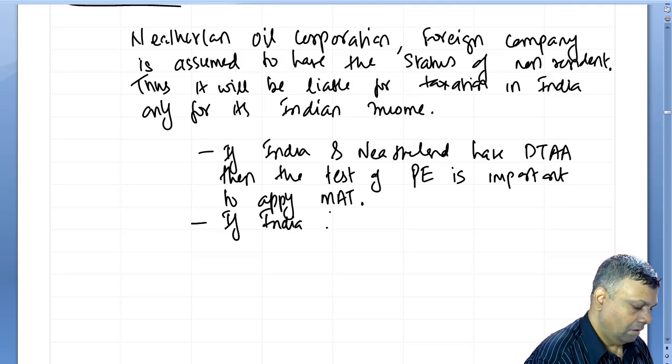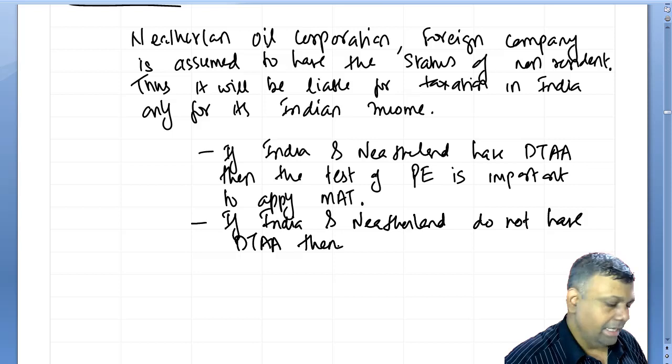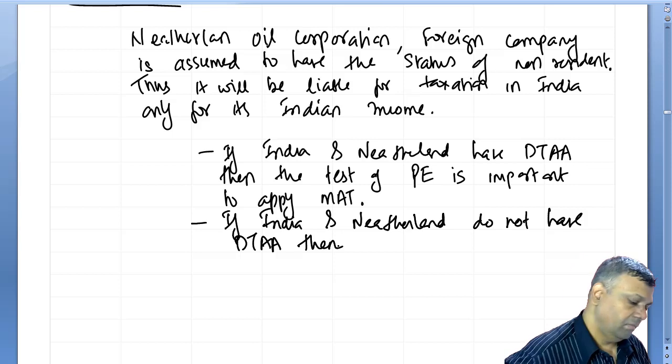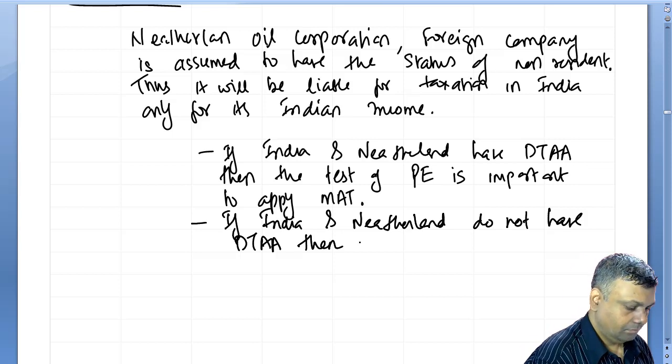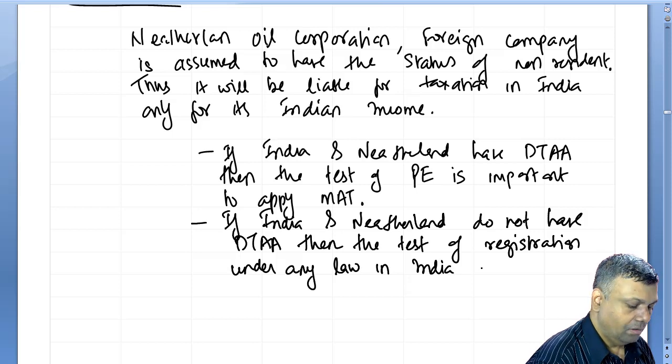If India and Netherlands do not have a double taxation avoidance agreement, then the test of registration under any law in India will apply.